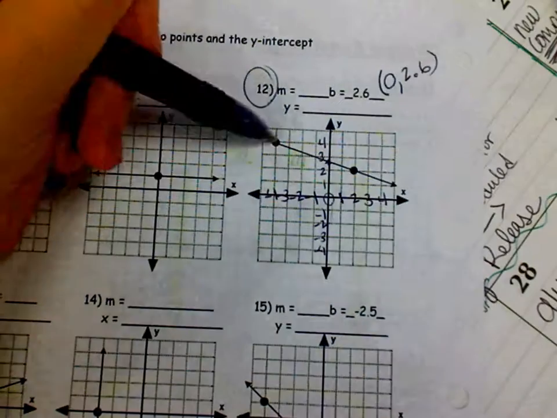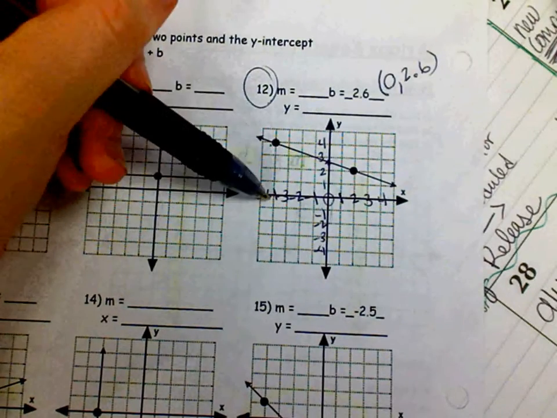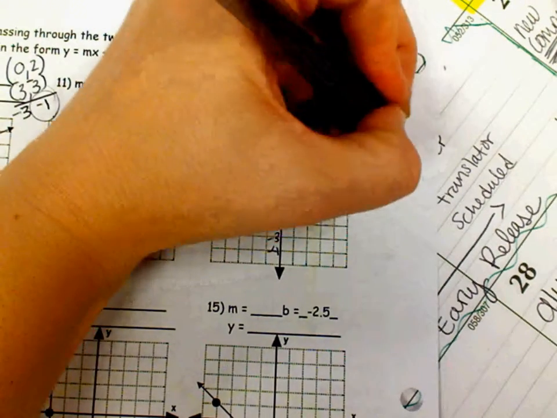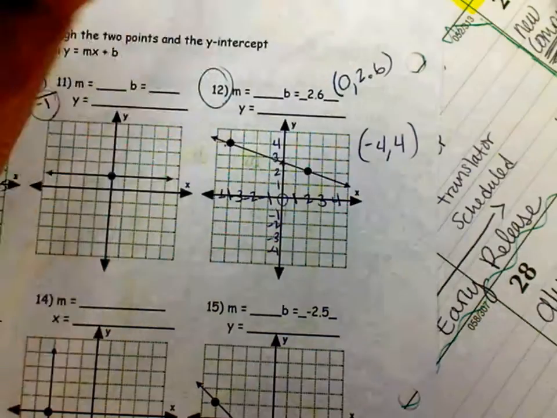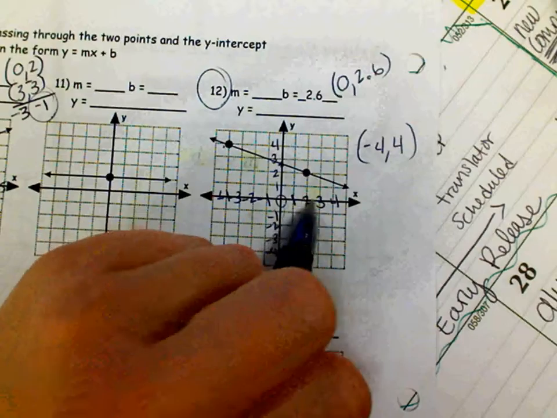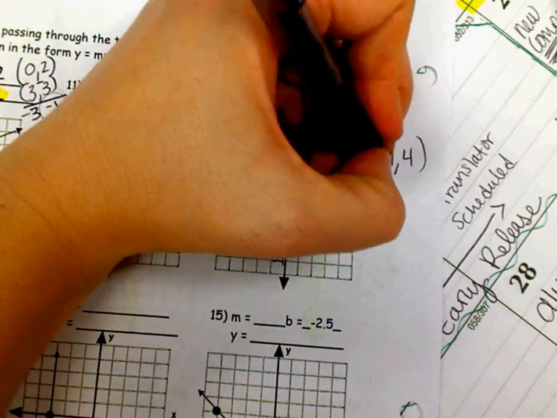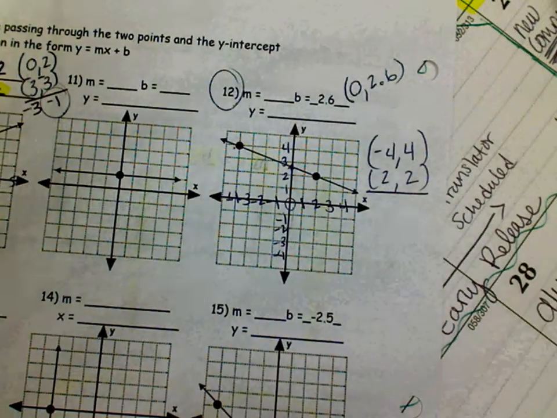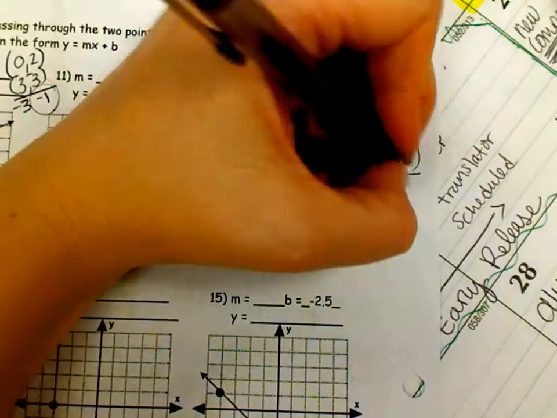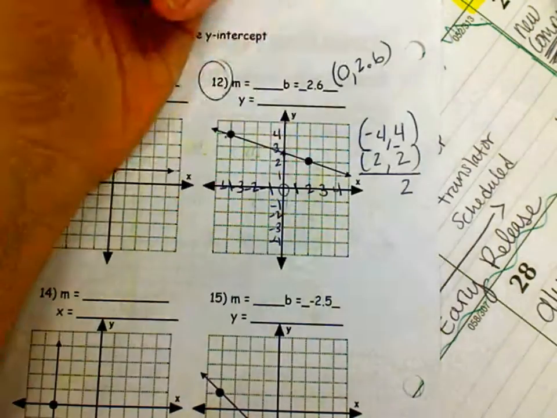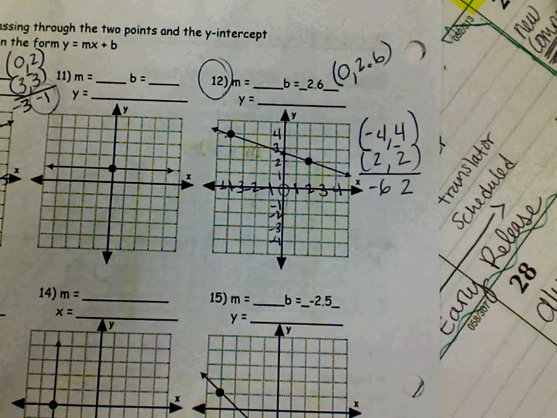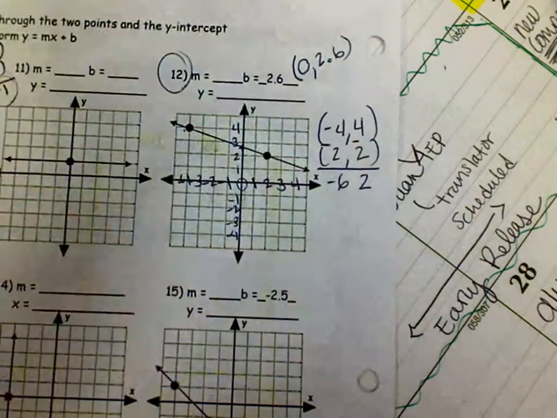Okay. This point over here is negative 4, positive 4. And this point is positive 2, positive 2. So go ahead and stack them, and then subtract. 4 minus 2 is 2. Negative 4 minus 2 is negative 6. So make your fraction.